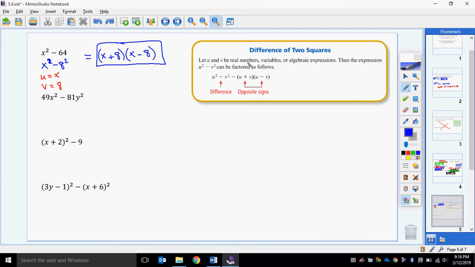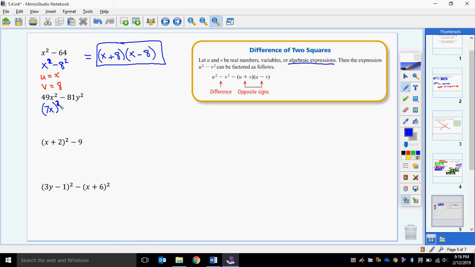But remember, u and v can also be algebraic expressions, right? This is one term here. I have to treat it as one term being squared. So what this really is, 49, luckily enough, is 7 squared, and x squared is also a square. So this 49x squared altogether is a square itself.